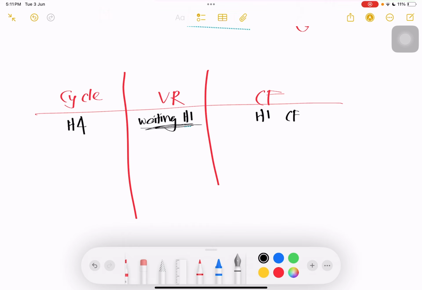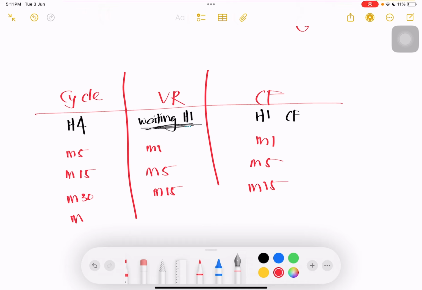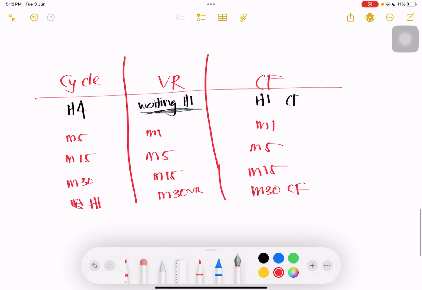While we are waiting for H1 VR, we can trade starting from M5, M1 VR, M1 CF. After that, we can go to the M15 cycle, M5 VR, M5 CF. After that, the M30 cycle, M15 VR, M15 CF. After that, the H1 cycle, M30 VR, M30 CF.